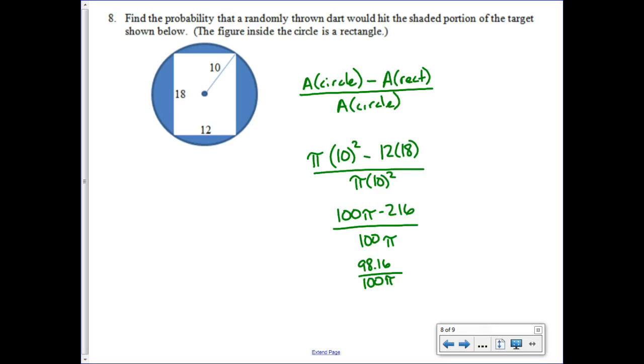Now be careful that when you divide, you're dividing by 100 and dividing by pi. If you don't put those in parentheses, it'll try to multiply by pi depending on the calculator you're using. So I get about 0.312. So around a 31% chance that you would hit the shaded part of the figure.